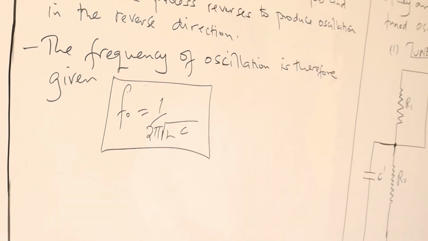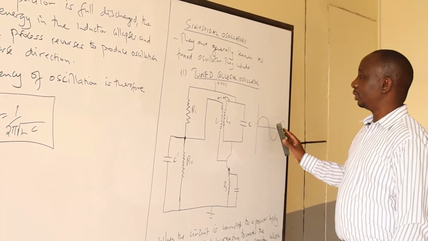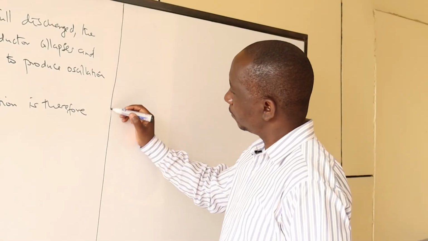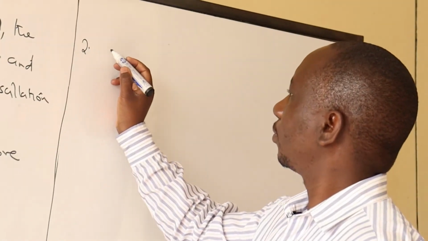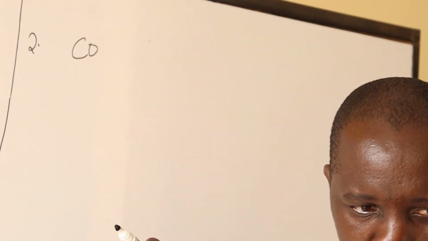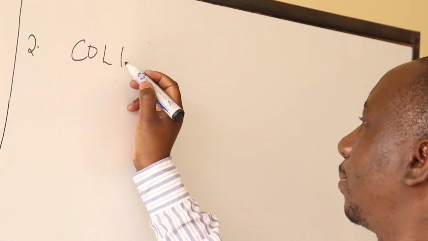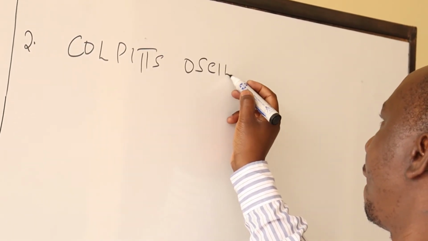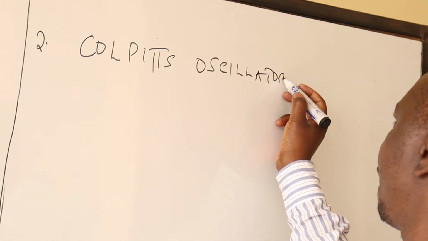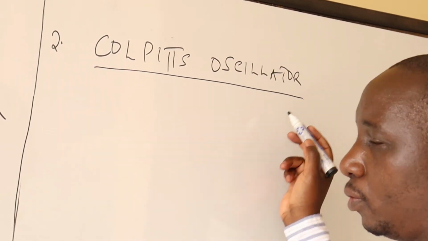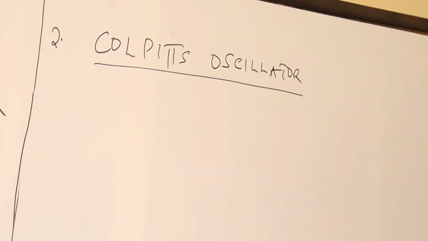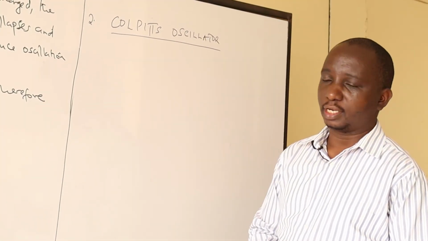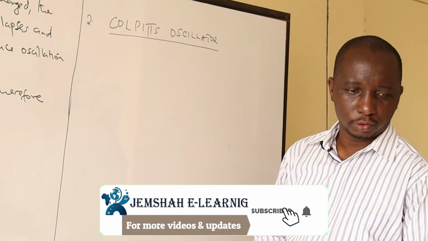So we're going to go to another type of oscillator. This is the Colpitts oscillator. We're also going to have the diagram for this, and this one uses two capacitors that are grounded in the output terminal.